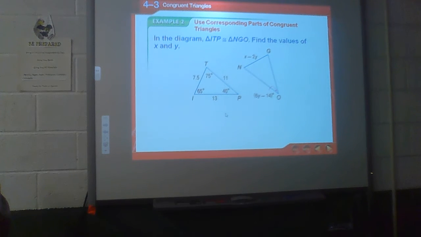Now they're giving us some angles over here, and some sides over here. So if it helps, by all means, though not in your book, because I've seen a lot of writing in the book when I've come around to help you, IT has to be congruent to NG. I would put little slashes there.